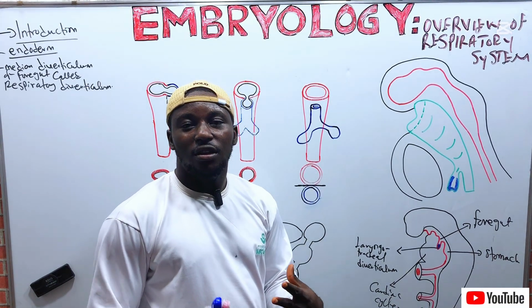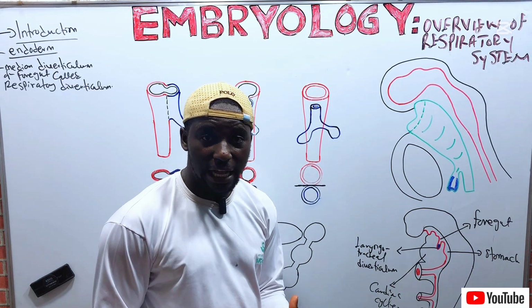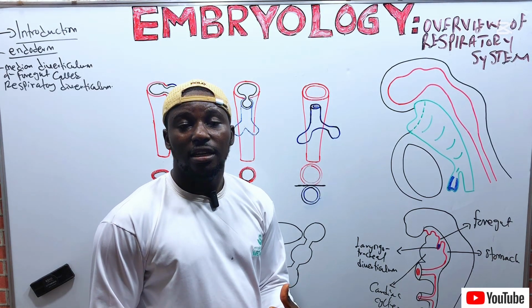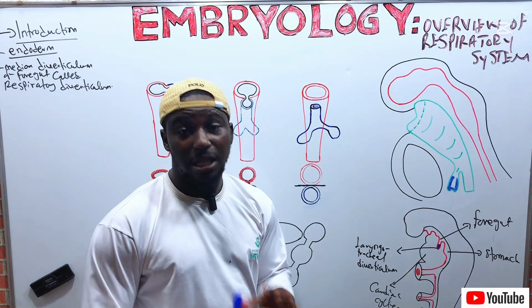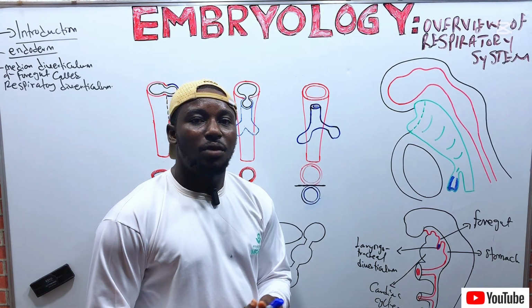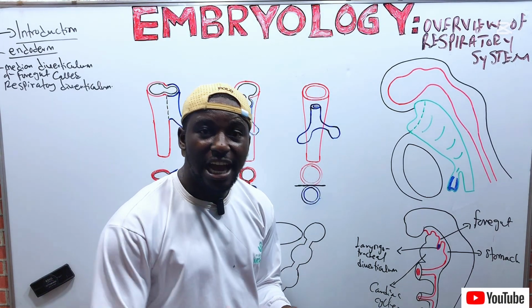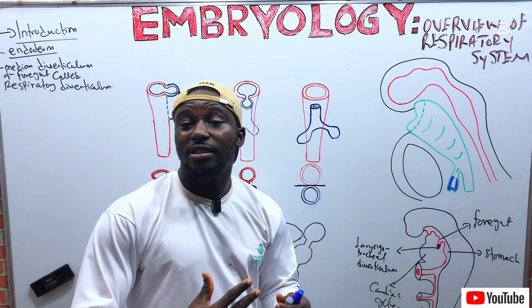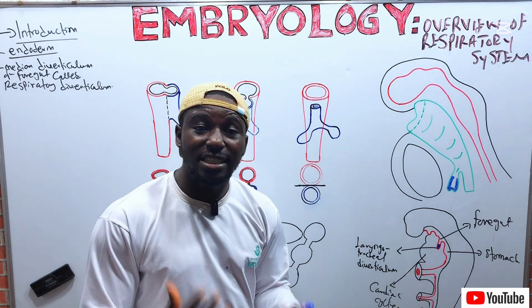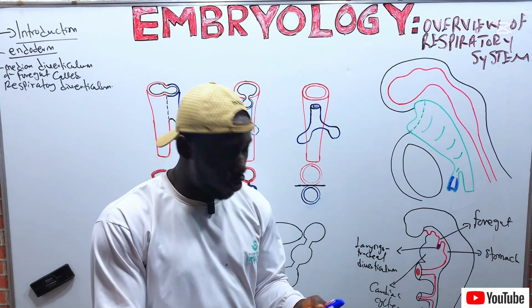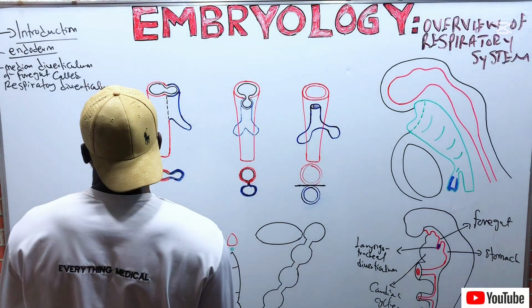You have to understand that the lungs, the larynx, the trachea, and the bronchi develop from the endoderm. They develop from the endoderm, right? Now, the cartilages, the muscles, and the connective tissues of the respiratory system develop from the splanchnic mesoderm surrounding the foregut.